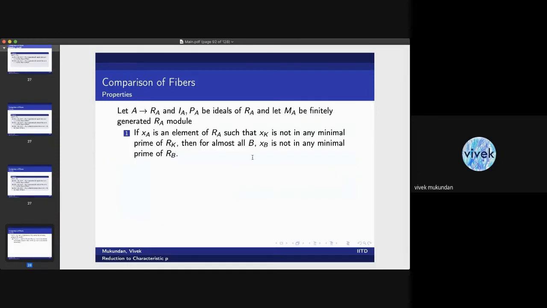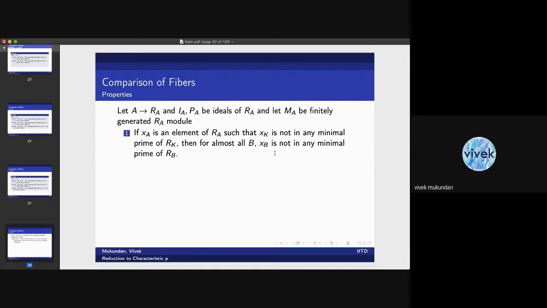Okay, so now if you have an ideal of R and M a finitely generated RA module, and if XA is an element of RA so that X is not in any minimal prime of R, then for almost all B, XB is not in any minimal prime of RB either.